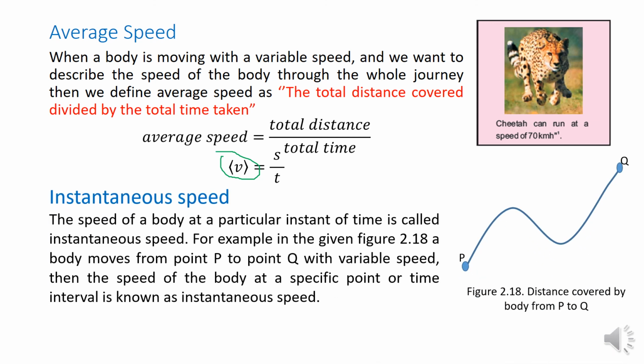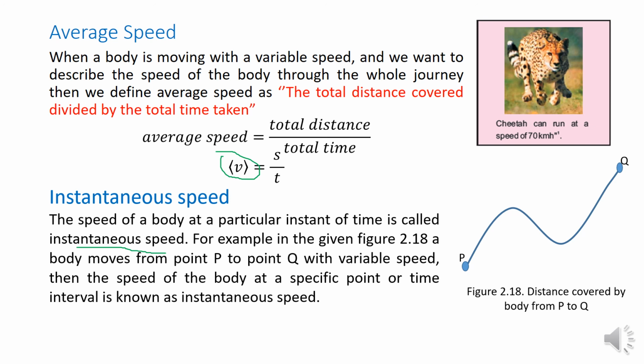Instantaneous speed. The speed of a body at a particular instant of time is called instantaneous speed. For example, in figure 2.18, a body moves from point P to point Q with variable speed.